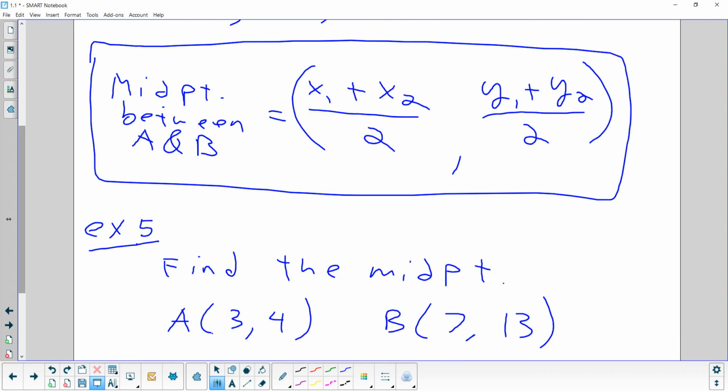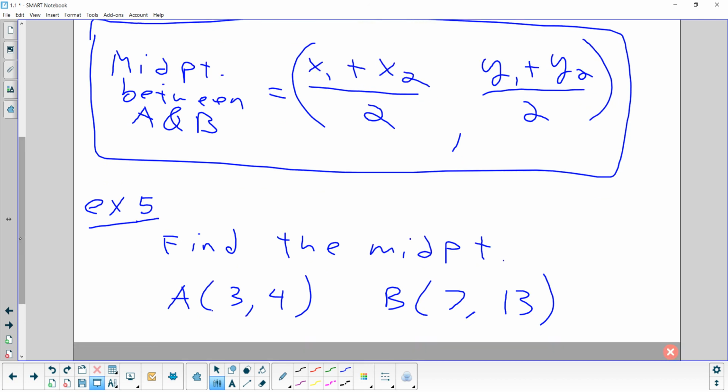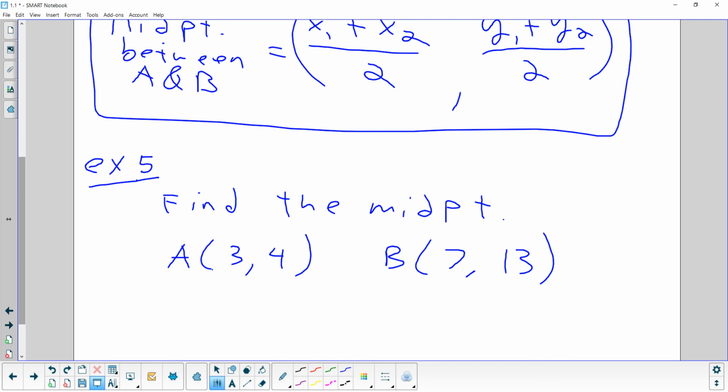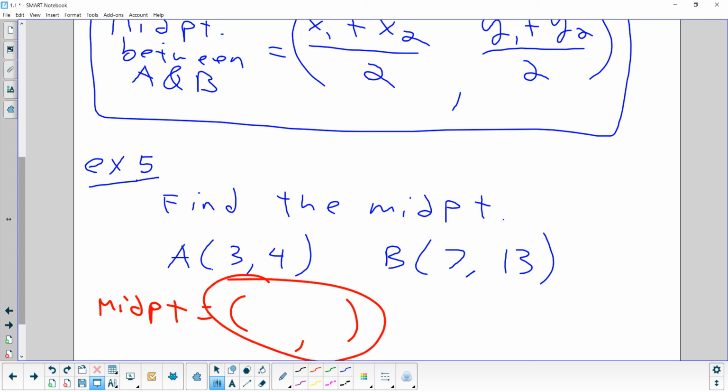All right, so we'll finish up by finding the midpoint of points A and B. Now remember, midpoint formula, the answer is not a single number. That's the distance formula. Midpoint formula is a coordinate. All right, so what do we get if we add the x's up and divide by 2?